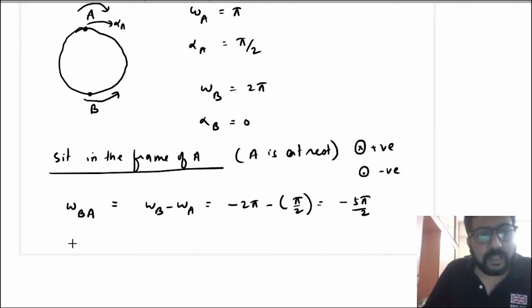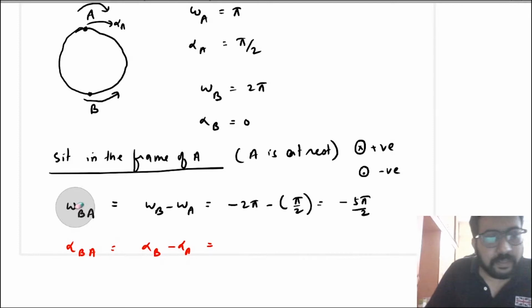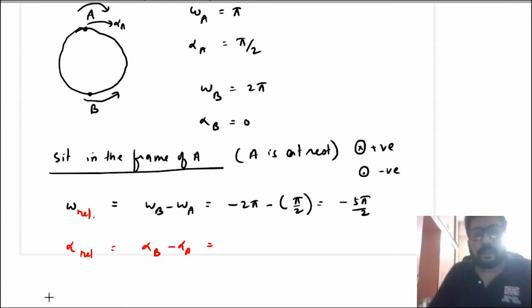Now similarly, alpha of B with respect to A is alpha B minus alpha A. I will write omega relative, because you will get confused if I write omega BA. Similarly alpha relative is alpha B minus alpha A. Alpha B is 0, alpha A is, again let us see the direction.